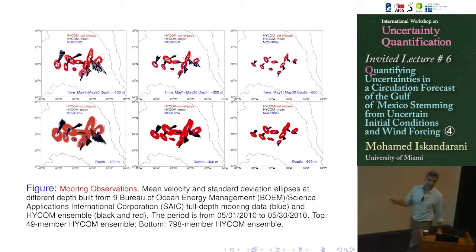So this is a busy slide. I should have just put 2. The blue arrow, you can see one here on the edge, is the mean of the mooring over that period of 1 month. And the black lines are the mean of each one of the ensemble members.